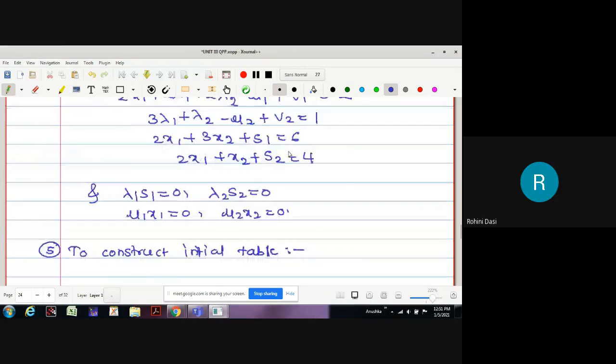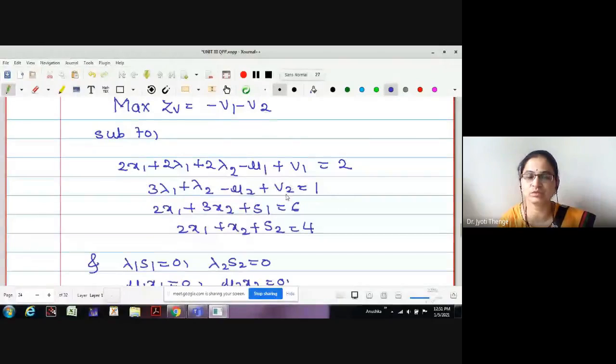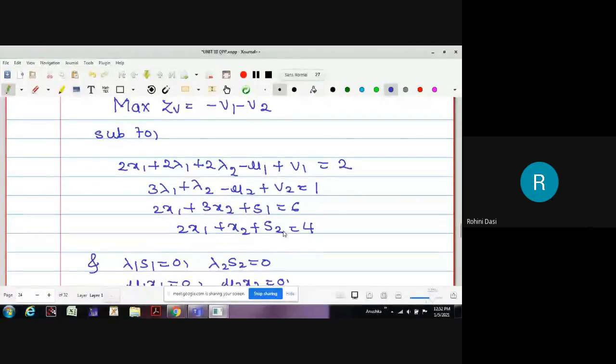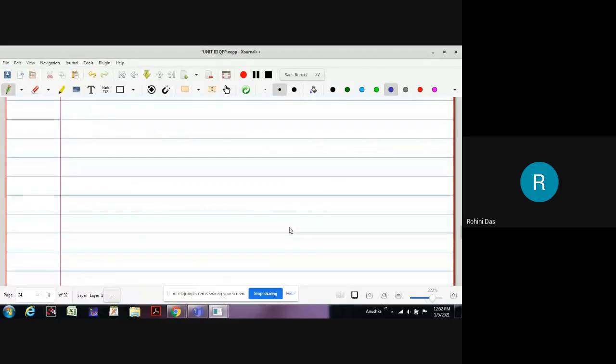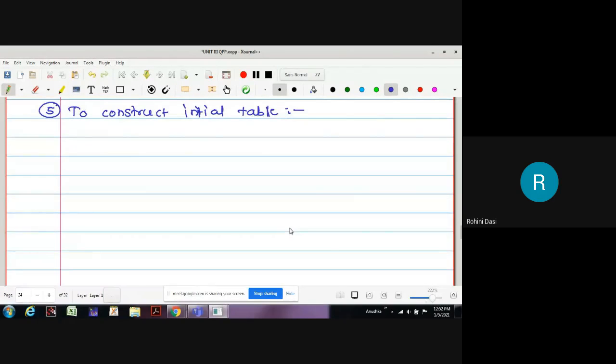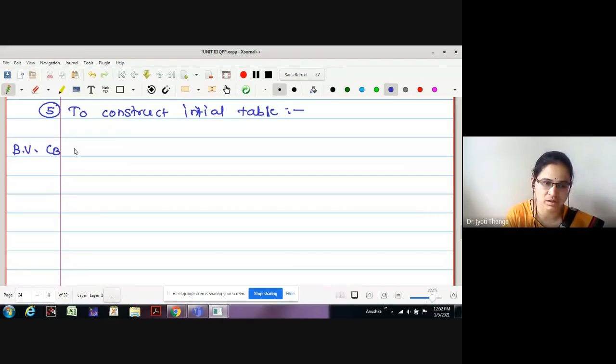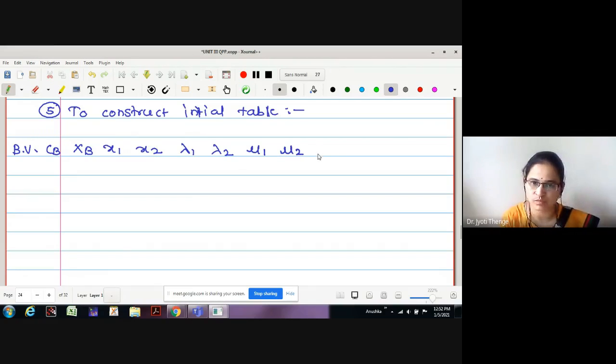Basic variables V1, V2, S1, S2. The variables we have are X1, X2 original, lambda 1, lambda 2, mu1, mu2, S1, S2, V1, V2.